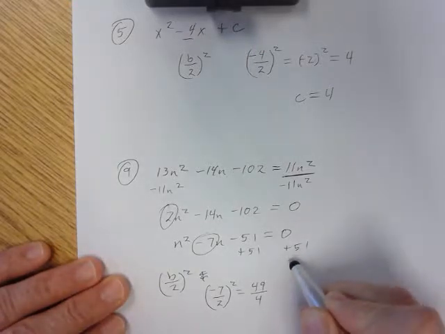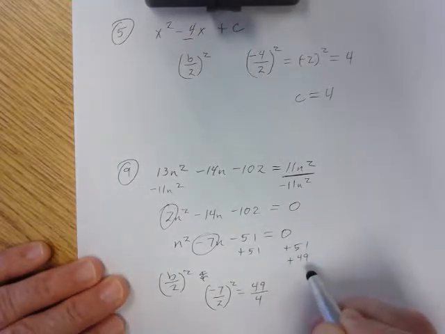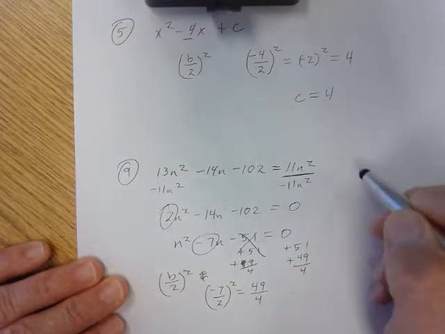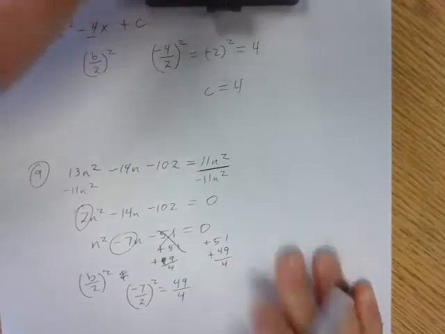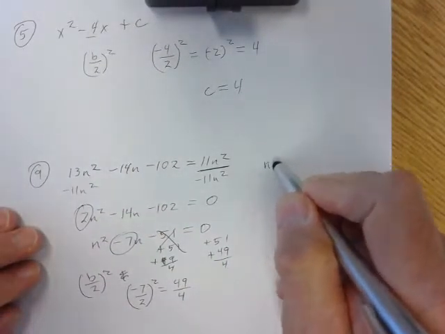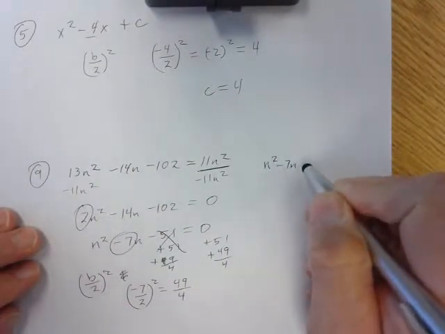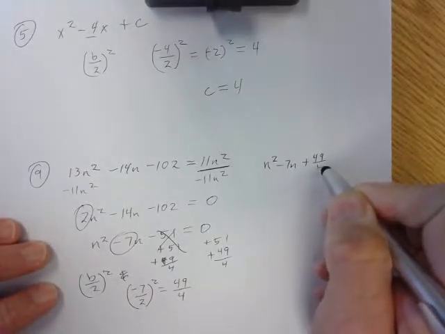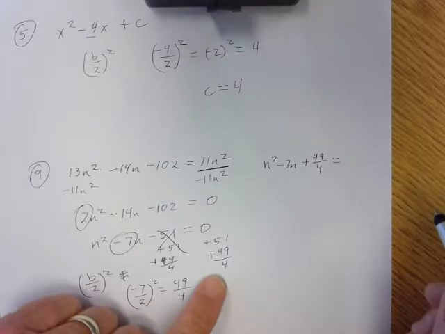So I'm also going to have to add the 49/4 to the right hand side, and this is going to be plus the 49/4 on the left hand side. I'm going to move that up over here. I've got n squared minus 7n plus 49/4 is equal to 51 plus 49/4.